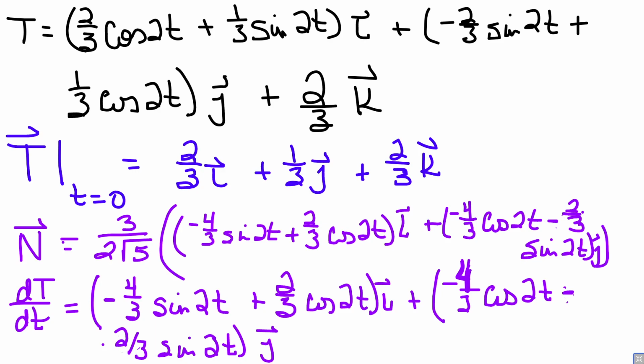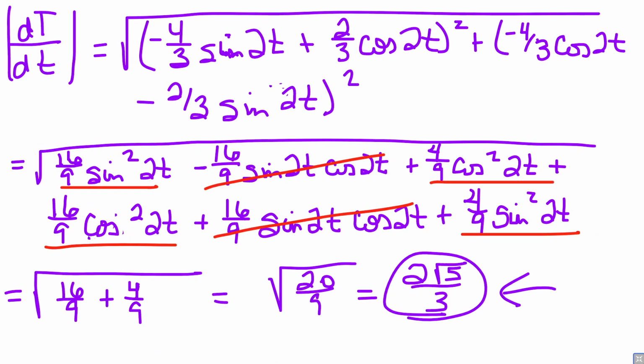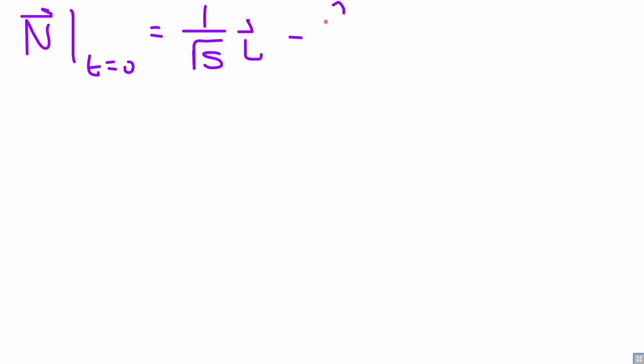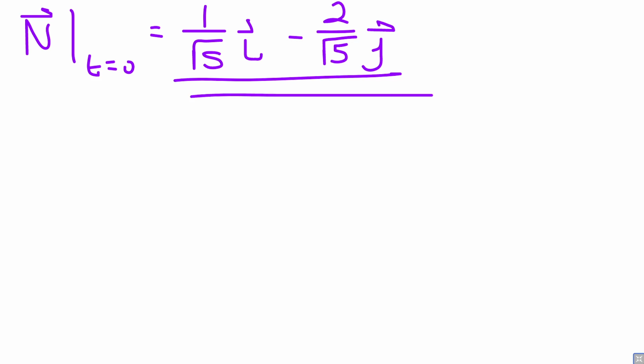If we evaluate the unit normal at t equals 0, we're going to end up with a result of 1 over the square root of 5 in the i direction minus 2 over the square root of 5 in the j direction. So it cleans up nice.